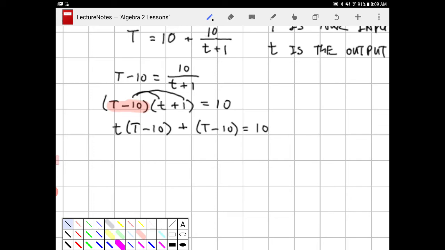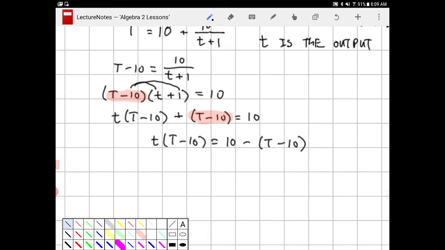I subtract over this term, giving me lowercase t times T minus 10 is equal to 10 minus T minus 10. I'm being strategic in how I distribute, with the end goal of isolating t.